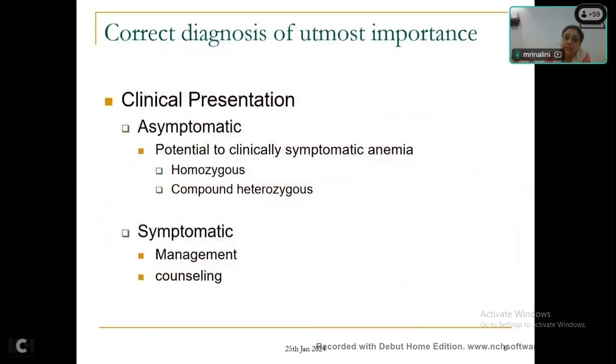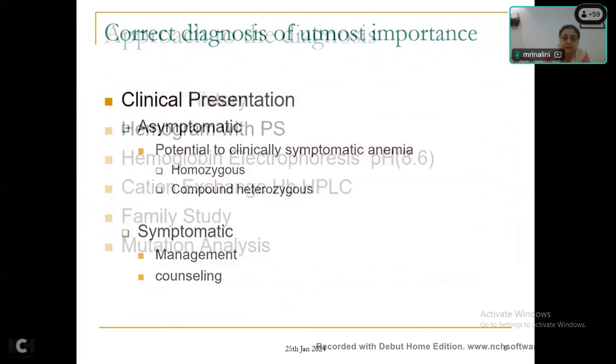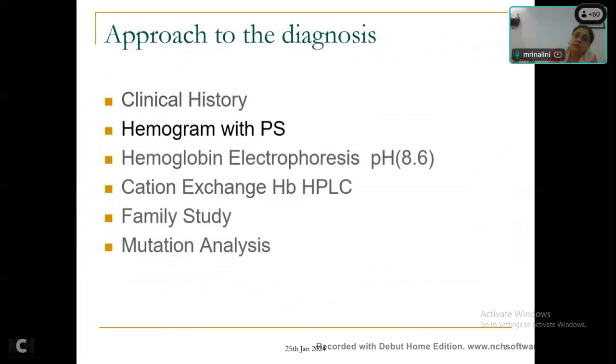So clinically, as I told you, it is asymptomatic or symptomatic. And asymptomatic is important because of genetic counseling, especially in ANC patients. So when we talk about approach to diagnosis, we go in this sequence whenever we are talking about approach.